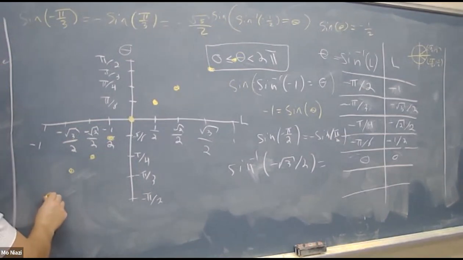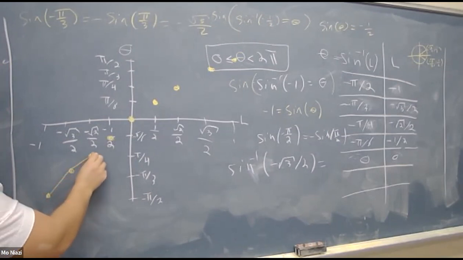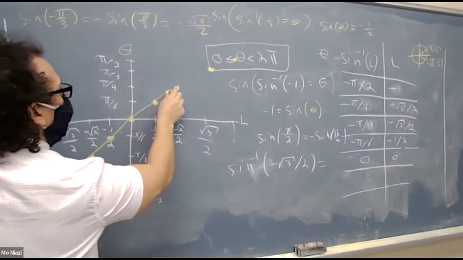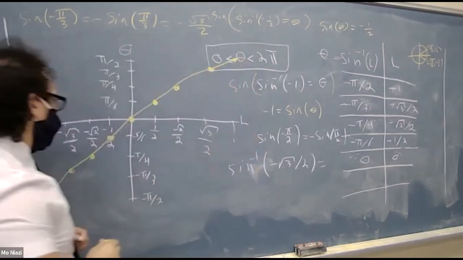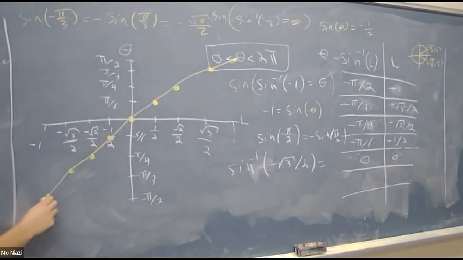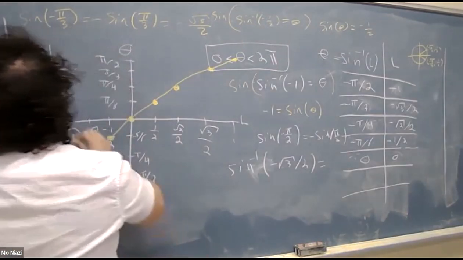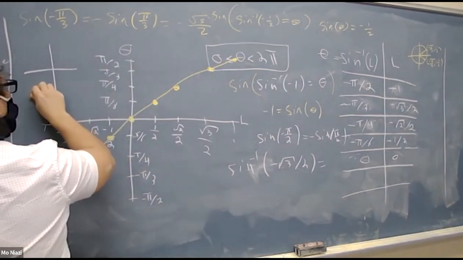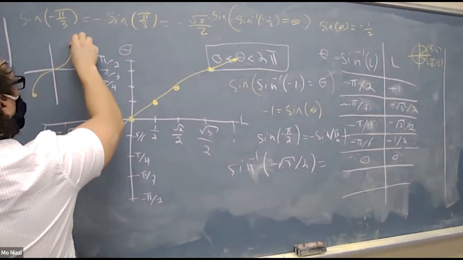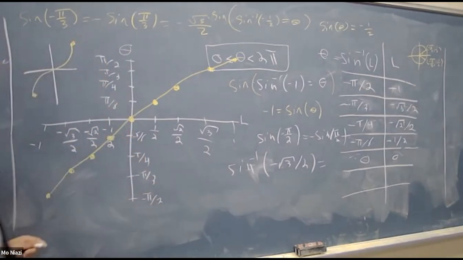So notice, so far, it looks like the sine curve, but just truncated. It doesn't look very curvy because I don't plot things very well, but if you plot it really well and you draw everything to scale, it looks like this.